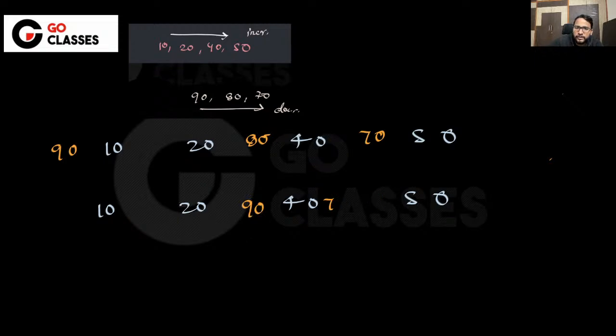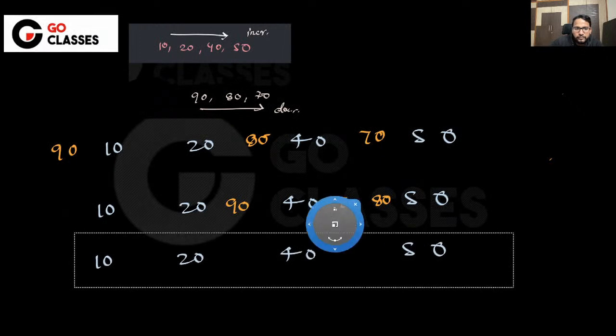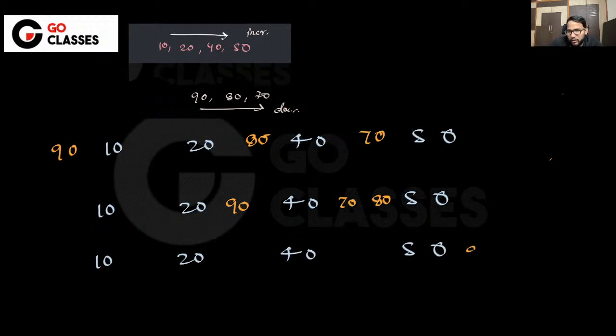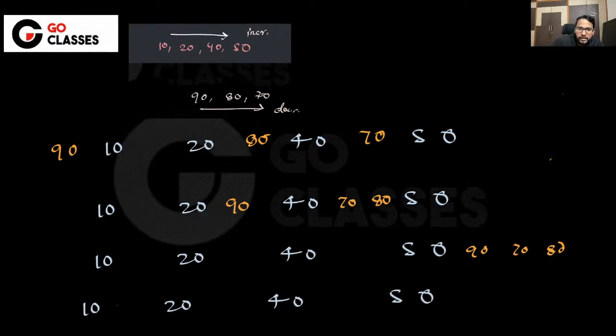This is also valid and possible. Let me just copy it so that it will not be a problem. So yeah, just a second. If you want, you can write 90, 70, 80 here also. Okay, these are all valid sequences which are possible.